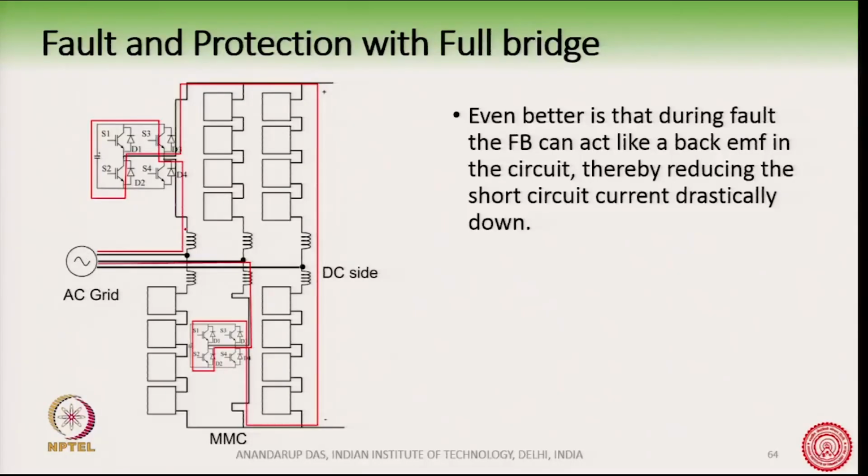So, we often use the formula, if there is one voltage source V1, another V2, and there is an inductor in between, the power can be controlled by a formula from basic circuit theory: V1 into V2 divided by X into sine delta. So, that is how the power is exchanged, where X is the impedance of the inductance, and delta is the angle between V1 and V2.